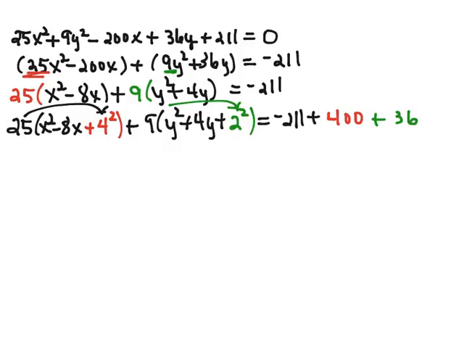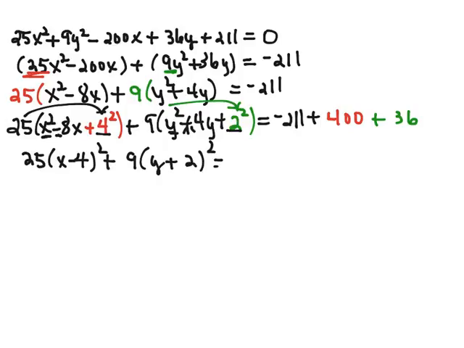Now we have a trinomial square, so we can factor this, and this will factor into 25 times x minus 4, quantity squared, plus 9 times y plus 2, quantity squared, equals negative 211 plus 400 plus 36, which is 225. So we have it looking a little more like the ellipse standard form.